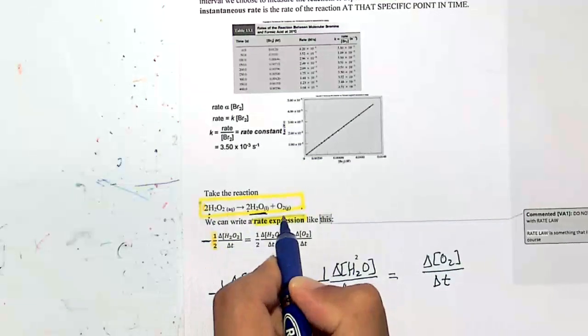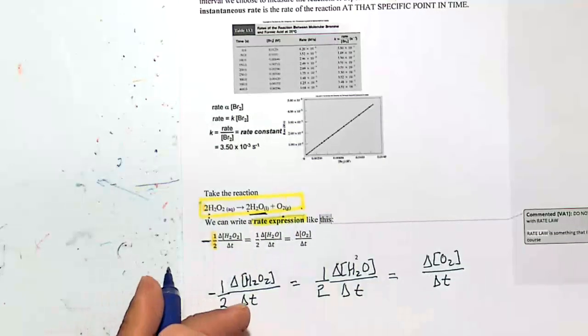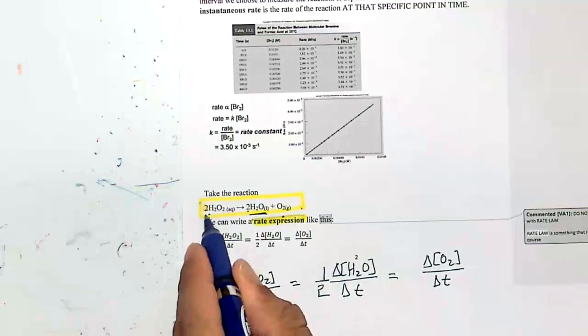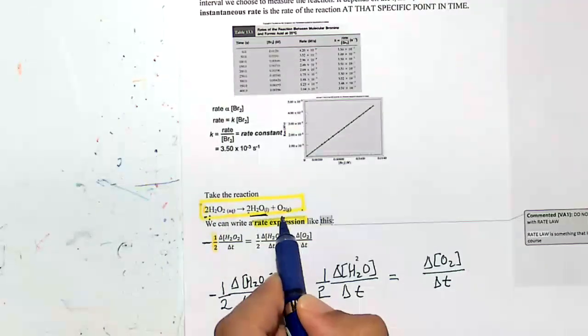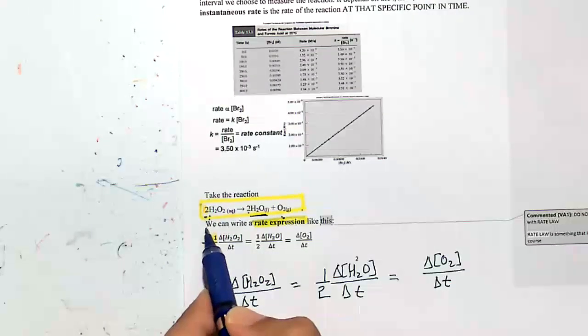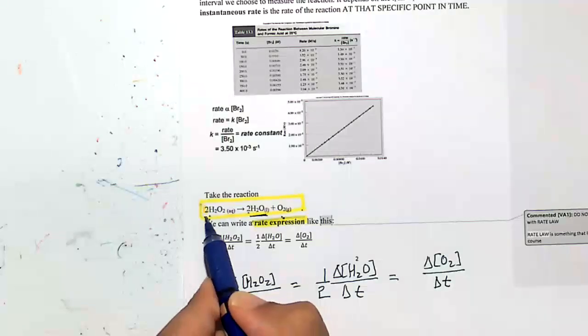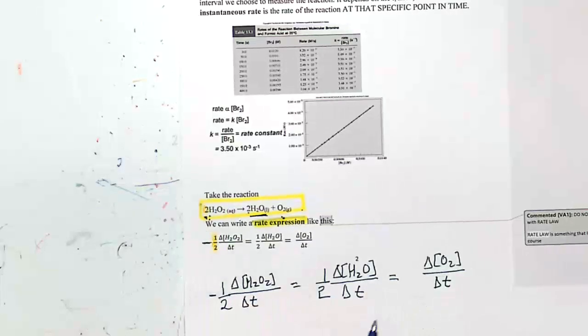For every 2 moles of this, there's 1 mole of that. But when this decreases, it's going to be minus 1/2, minus because it's a reactant.